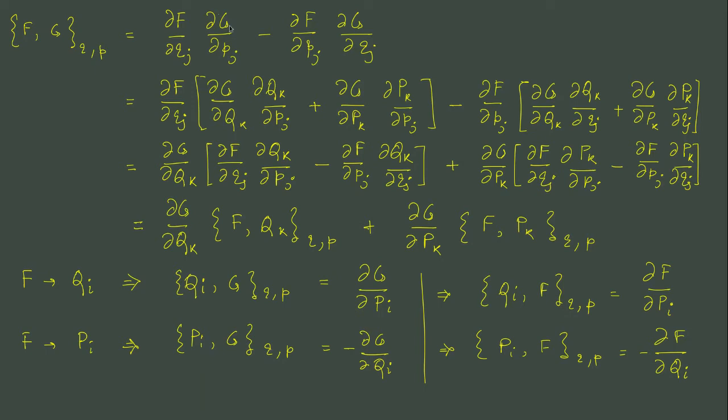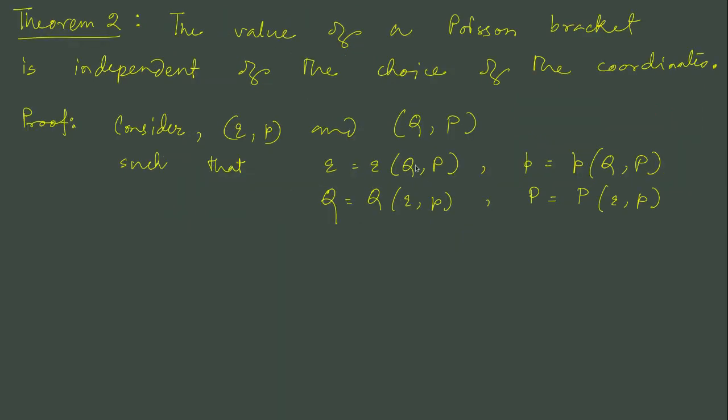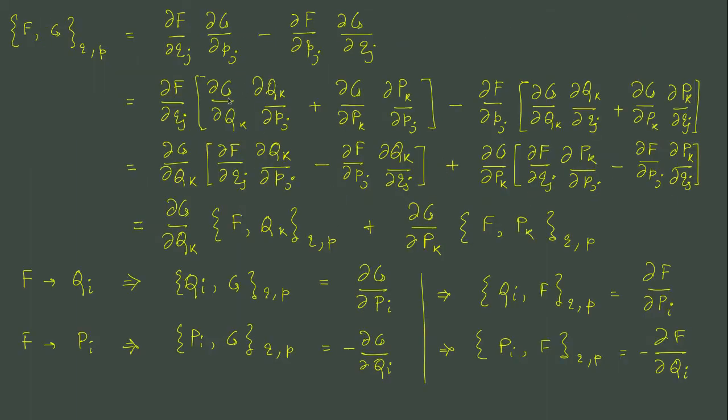What we do next is that this g, we can write as a function of small q and small p, where we can substitute small q and small p in terms of capital Q and capital P. As such, the g here becomes a function of the new coordinates, the capital Q's and capital P's. So we can expand this partial derivative using the new coordinates.